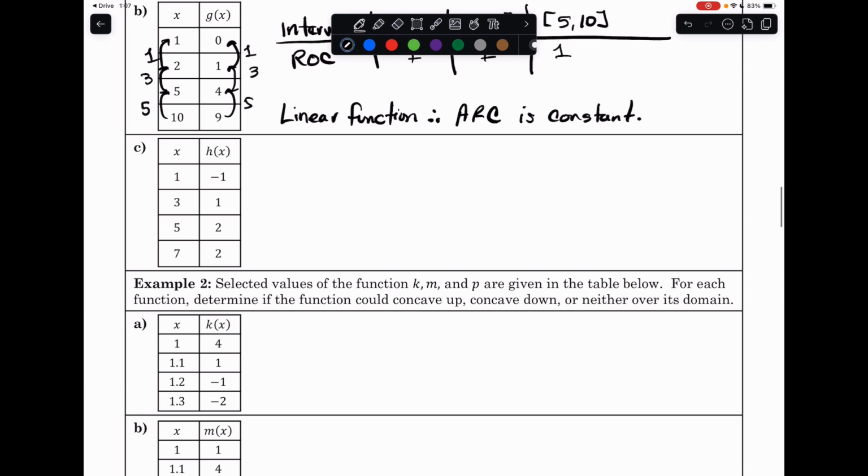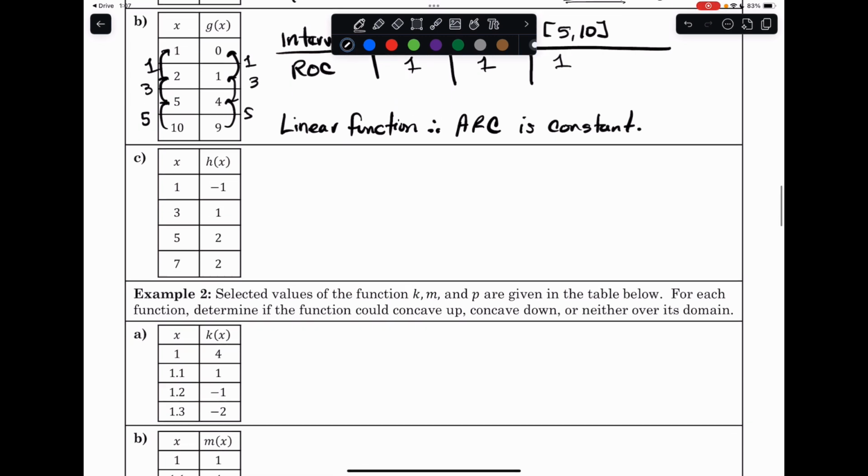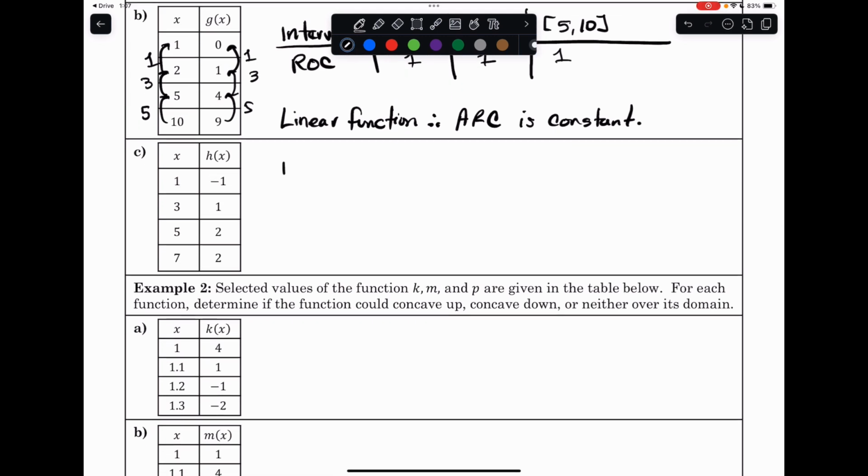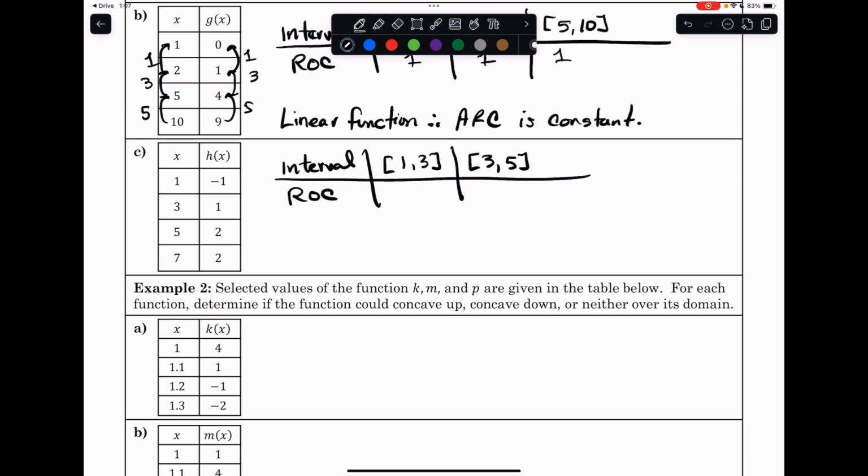And let's look at the last example. So in this example right here, 1 to 3, 3 to 5, 5 to 7.